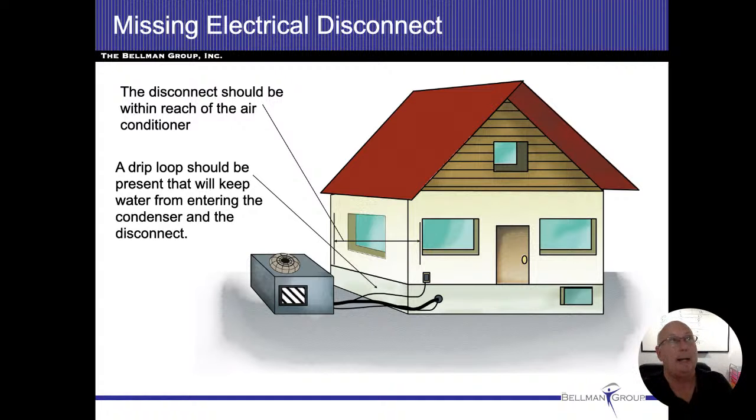Disconnects on the outside are a big deal to me. There's parts of our state, I know when we were doing field training out at Illinois Valley Community College, in the LaSalle, Peru area, we would use homes out there to do the field training, and it was to my amazement that they didn't really have any exterior disconnect.